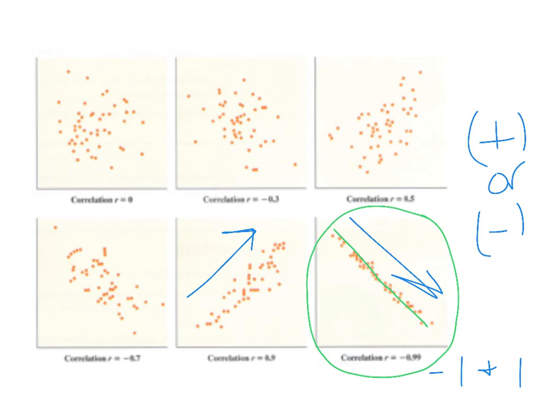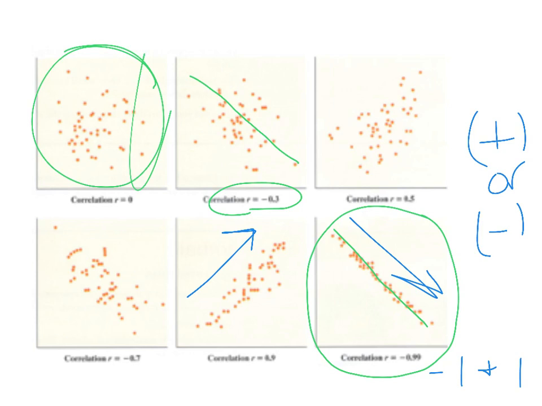You'll notice the tighter they are to the line, the higher the correlation is. So you can see up here, I've got a correlation of 0. I don't have much of a line at all. I'm starting to get a little bit more of a linear relationship here, so I get a low correlation. They're coming a little bit tighter here, and so I get a kind of medium correlation there.